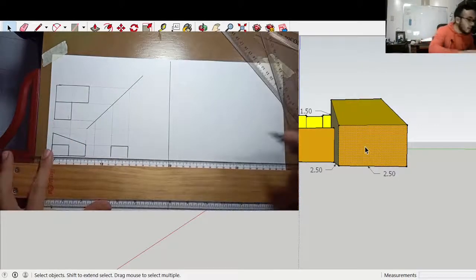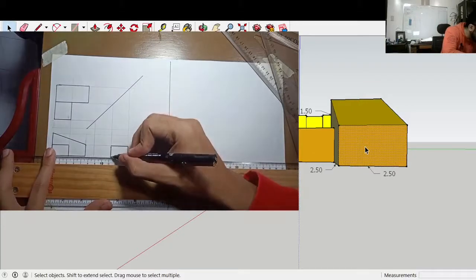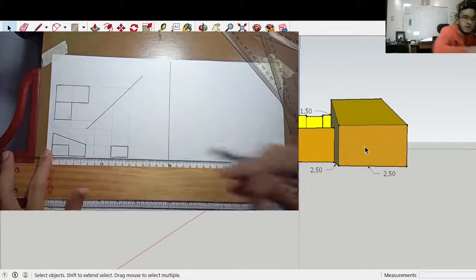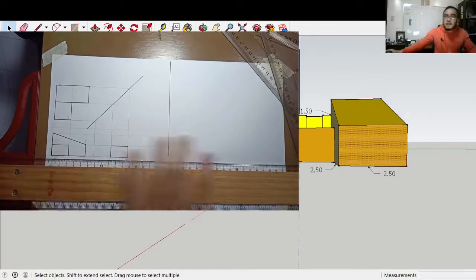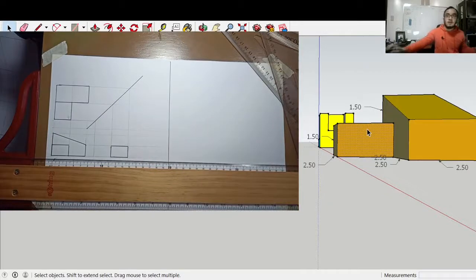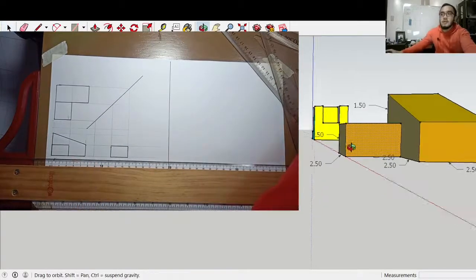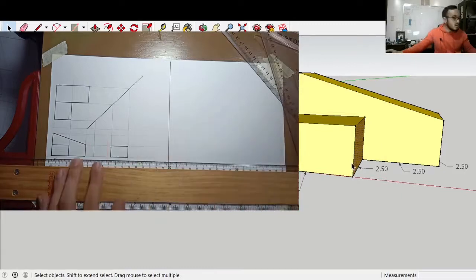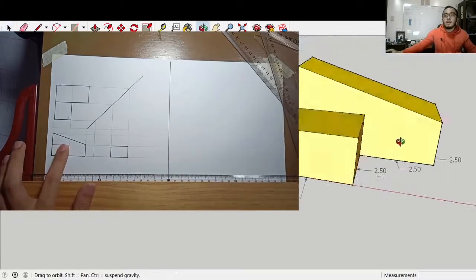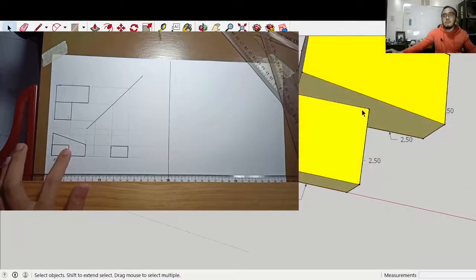Wait, pero wala pa tayong baseline. So, that would be the whole rectangle right there. So, ito yung rectangle na yan. And as for the other side, itong part na to ng figure, it is the intersection of this part of the front view right here, itong linyang to, which is this one. And kapag tinignan mo from the top view, eto siya. And eto din siya.